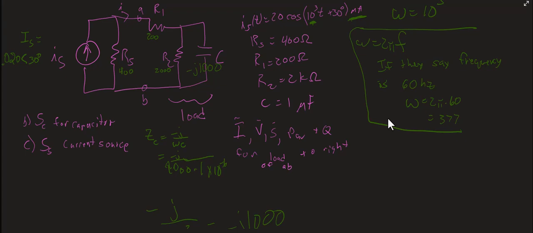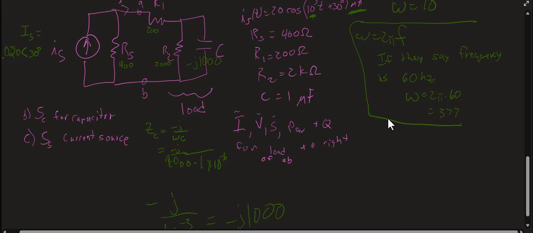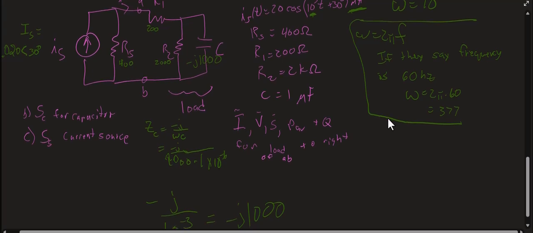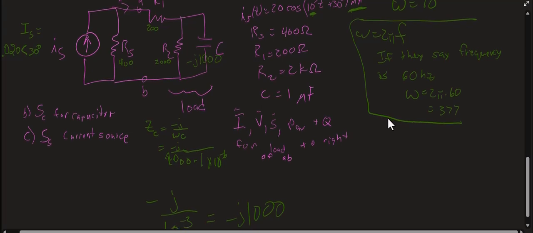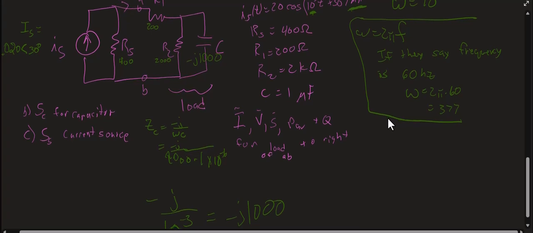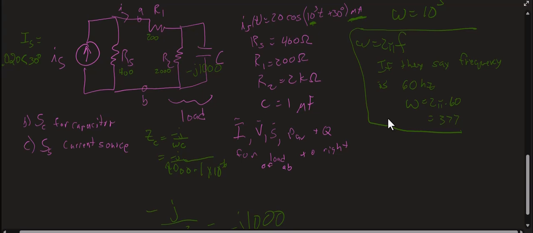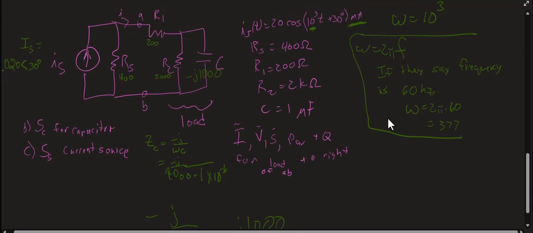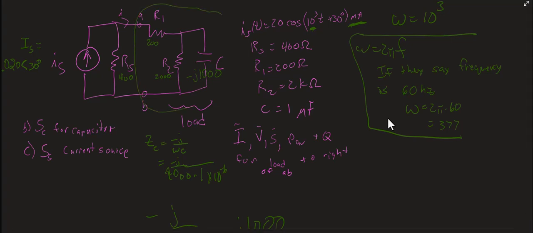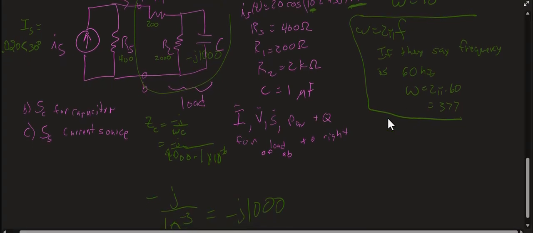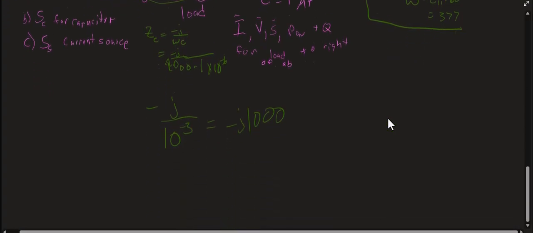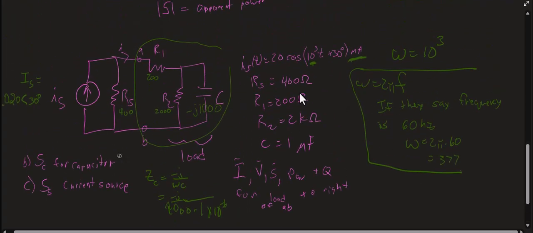And so I want to figure out, if possible, V and I, but in order to do that, I'm going to have to get the impedance of everything that's going to count on the load. So if I look at the load right here, that's the load, because it said everything to the right of A and B.